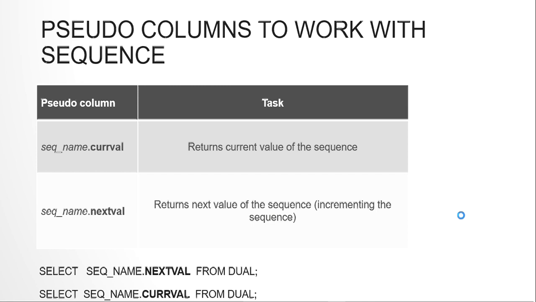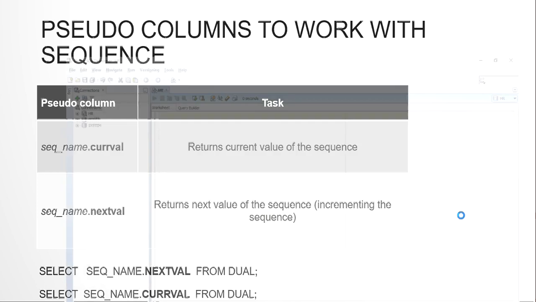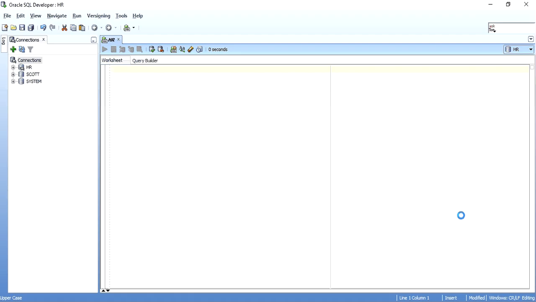In every fresh session, you need to first get the next value of the sequence. Once you get the next value, Oracle has started using that sequence in that particular session, and then you can use the current value, that's currval. If you directly use current value, you will get an error. Oracle will say the sequence is not incremented or not used in this session, something like that.